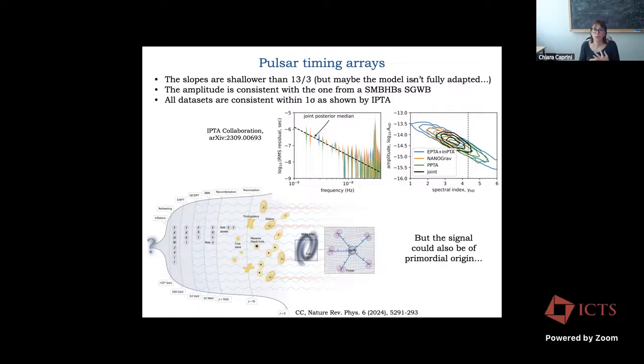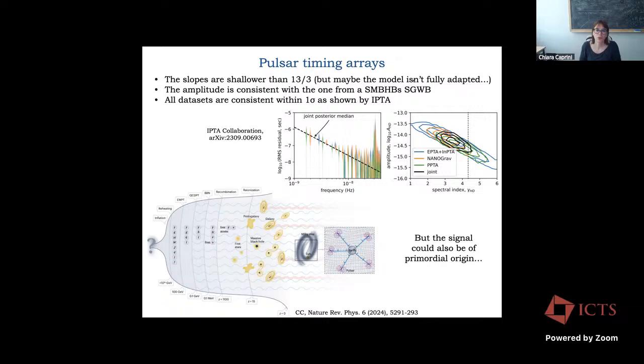So what I think is in any case of interest for us is the fact that the signal could also be of primordial origin.